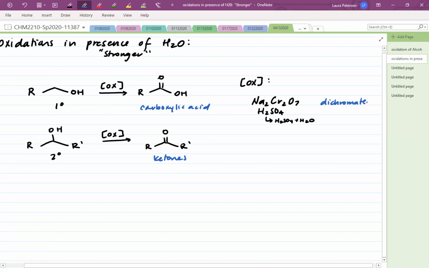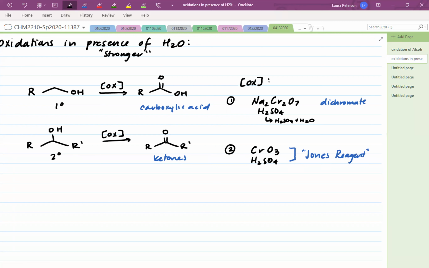Okay, so another oxidizing condition that would facilitate the same thing. So there's one possibility. Another possibility would be Jones's reagent, and this would be CrO3 and H2SO4. Again, H2SO4 is a solution in water. So these two things together are called Jones's reagent.